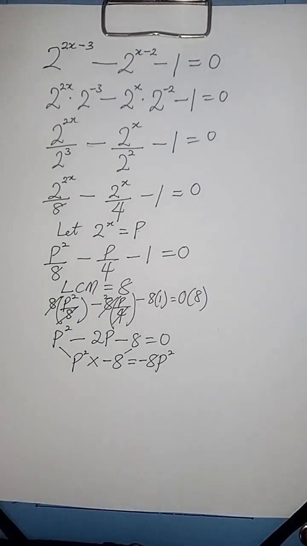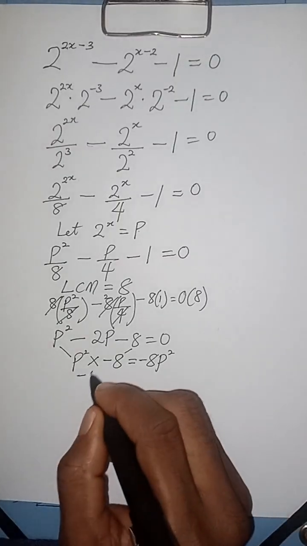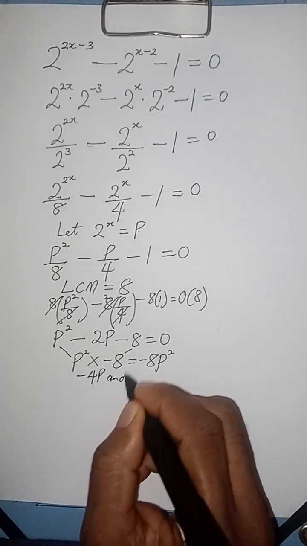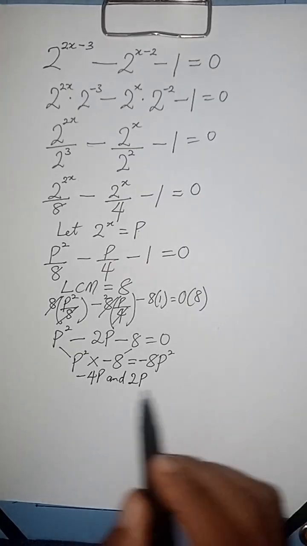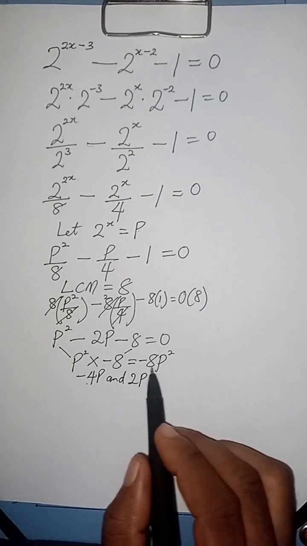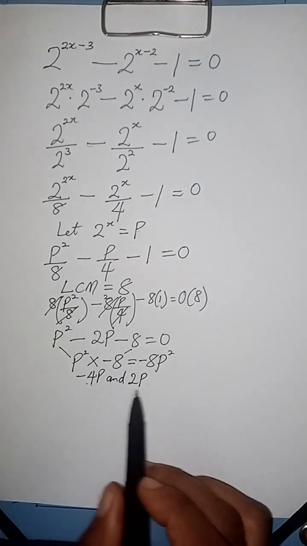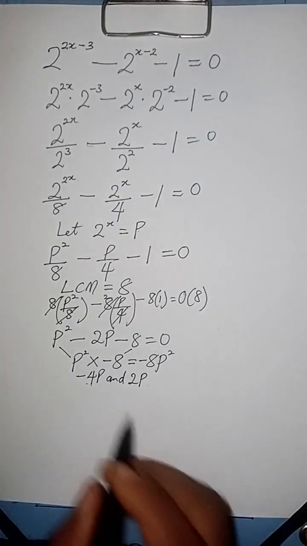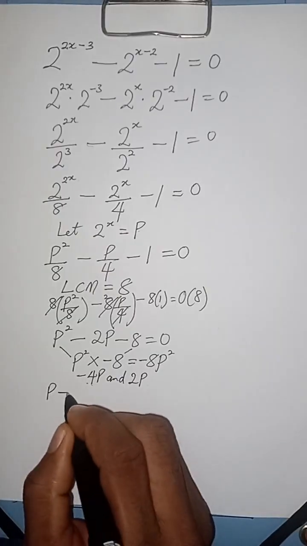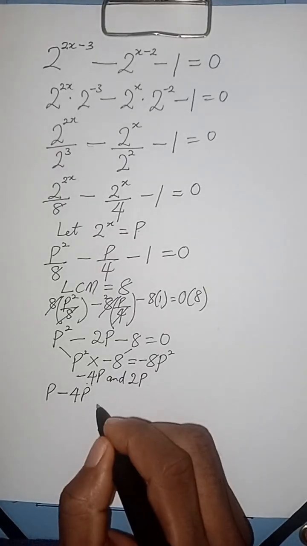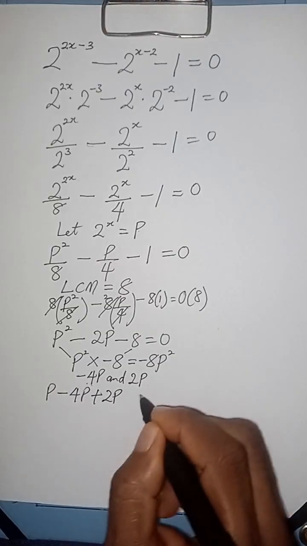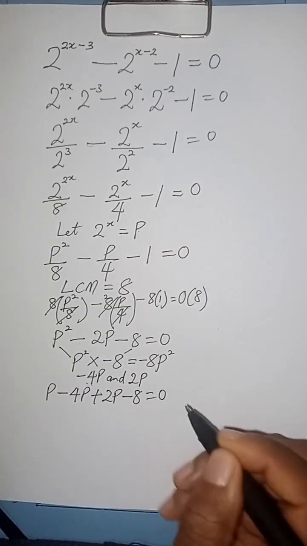They are minus 4p and 2p. If you multiply these two, you're going to get minus 8p squared. If you add them, you're going to get minus 2p. So you replace with minus 4p plus 2p, minus 8 equal to 0.